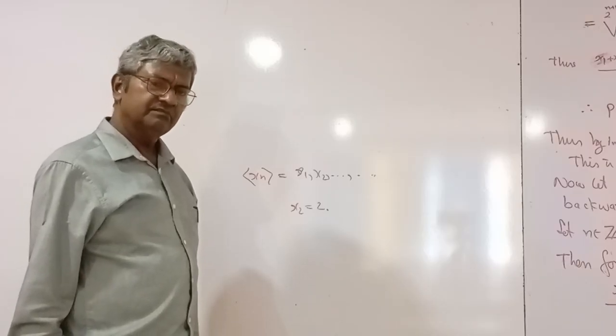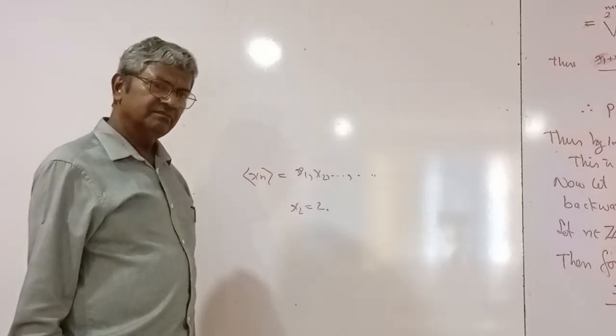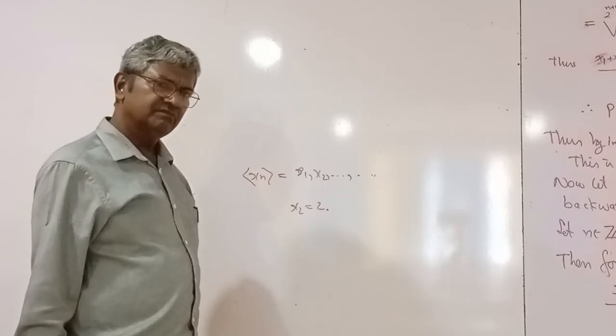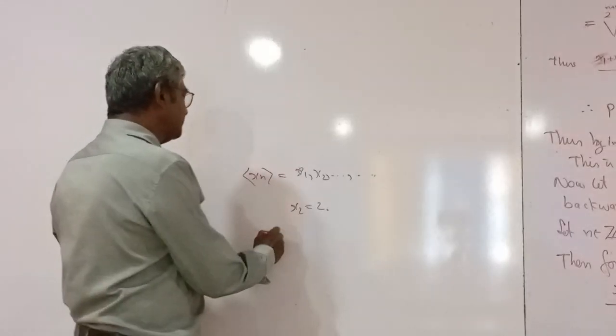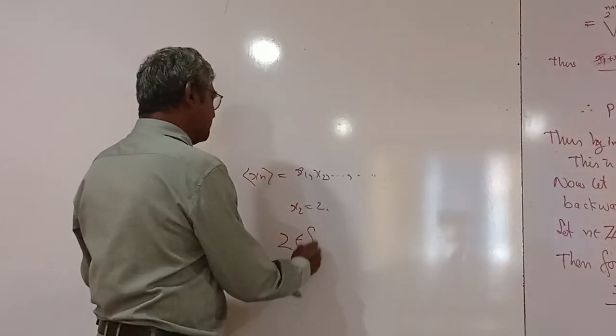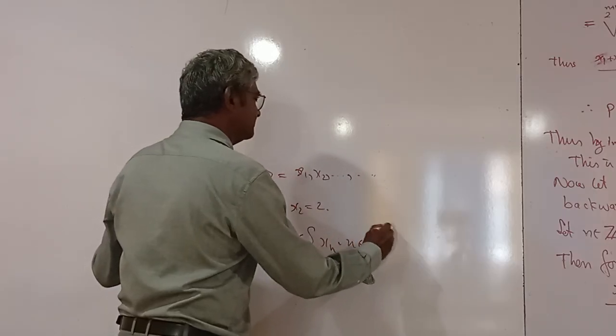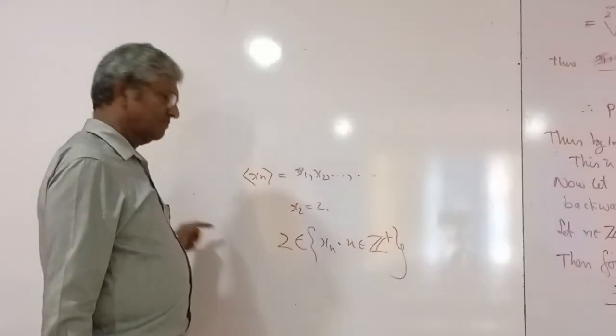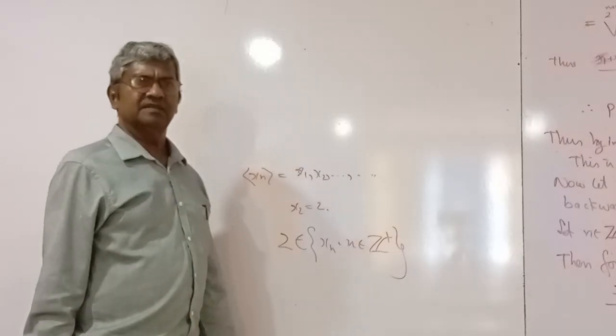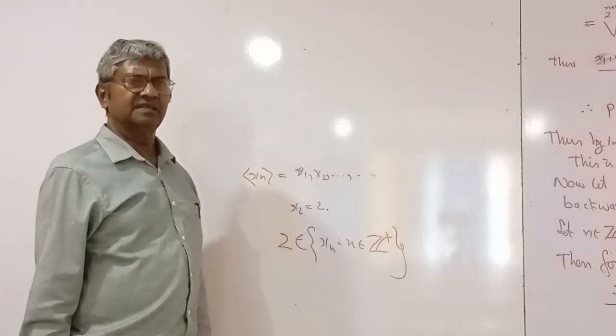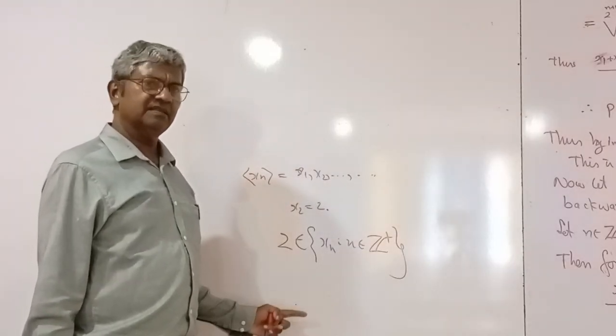I was wondering if we can use 2 belongs to xn. If you want, you can write this way: 2 belongs to the set of all xn, n belongs to the natural numbers, and 2 is some member of it. Is that what you are asking?